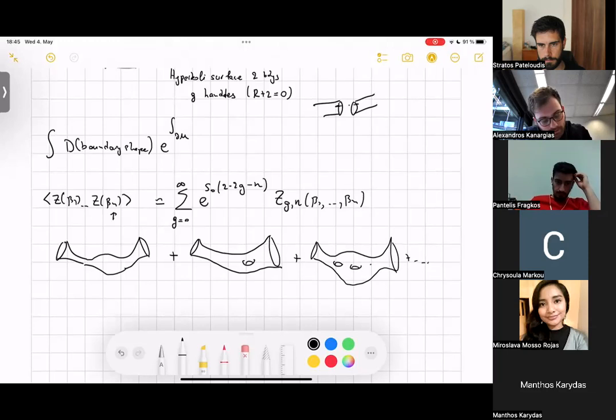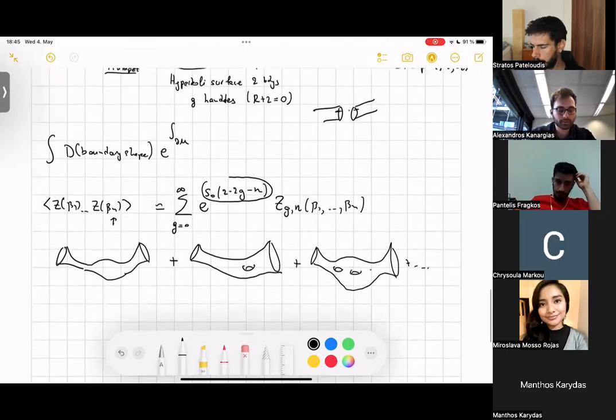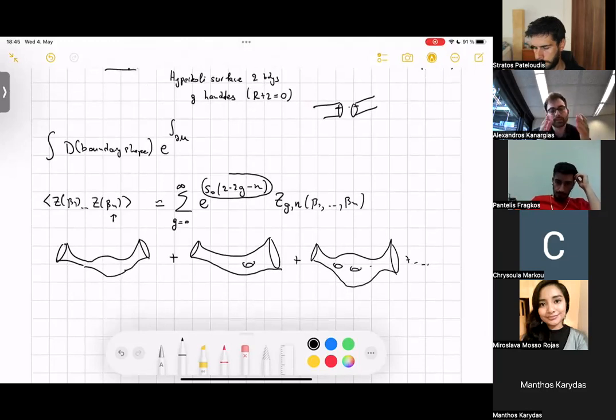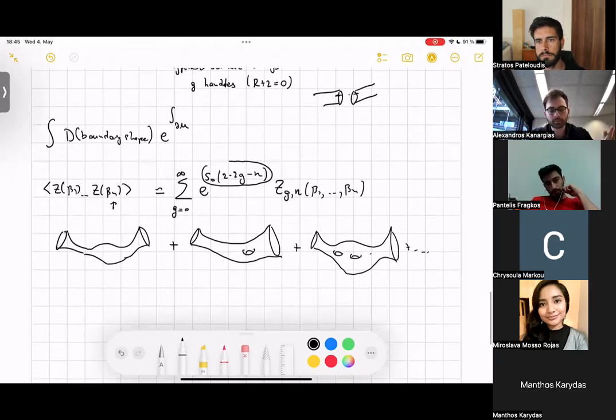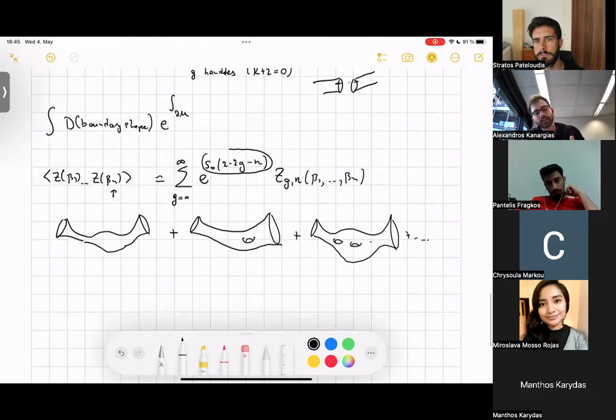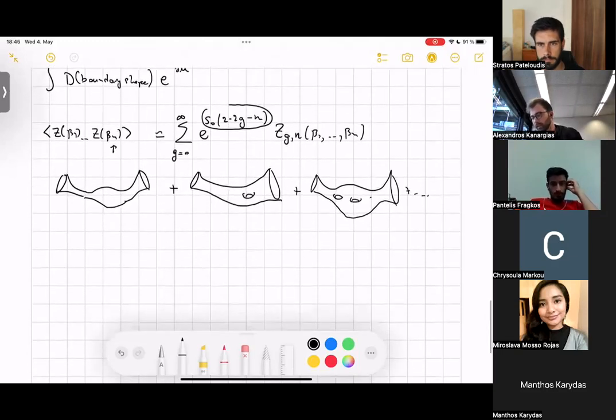And this exponent right here comes from the topological term in the action, which has no dynamics indeed. Once you have specified the topology, and by topology I mean the number of handles and boundaries, the value of this term is fixed, and is 2 minus 2g minus n. So you can see the higher the genus, the higher the suppression of these terms.